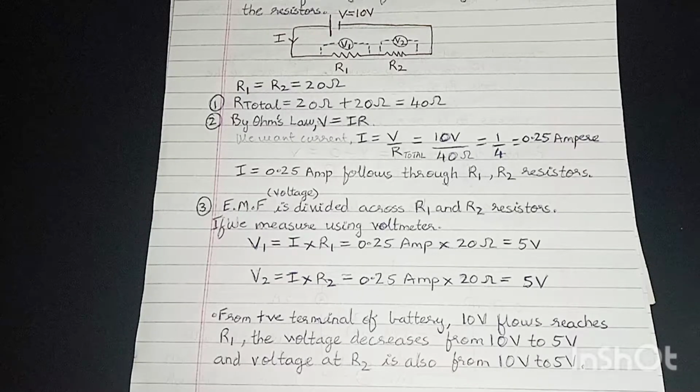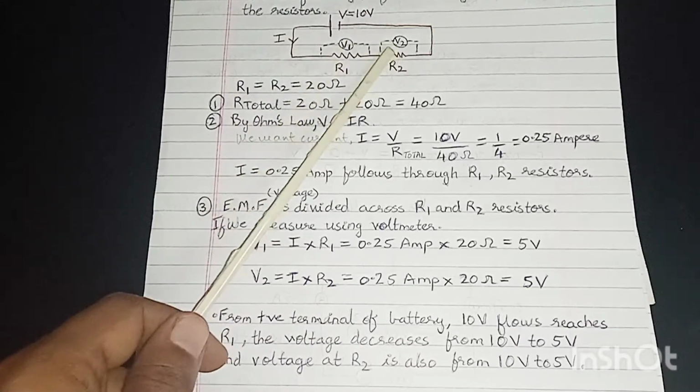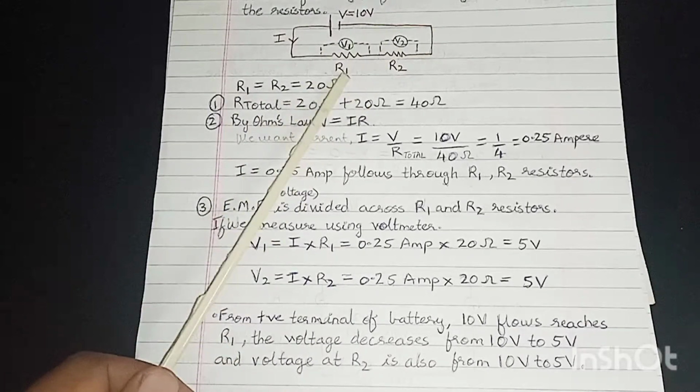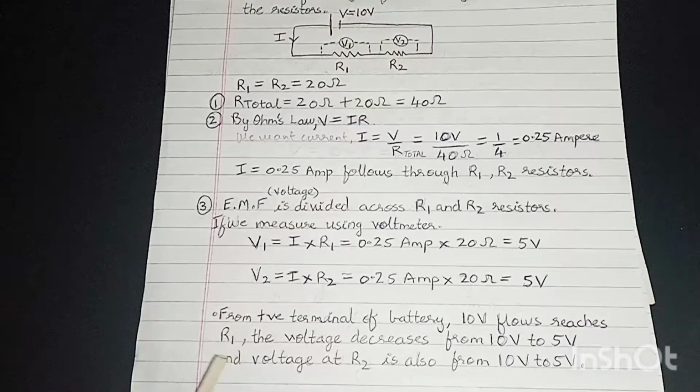EMF is also called voltage. Voltage is divided across R1 and R2 resistors, that we have to prove. So if we measure using a voltmeter, this is a voltmeter which measures the voltage across R1 and this measures the voltage across R2 resistance.